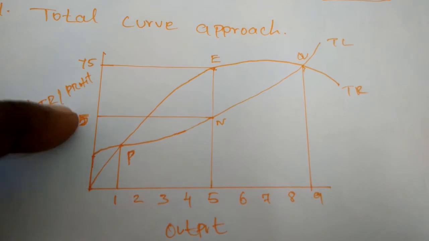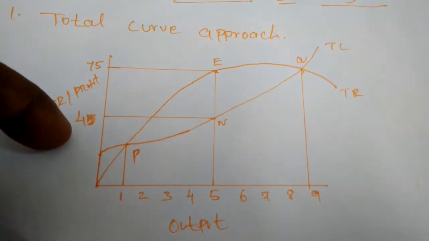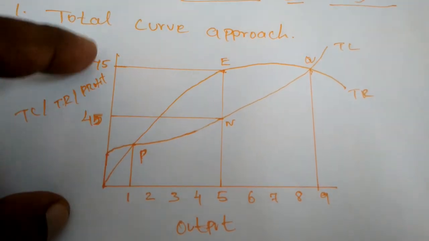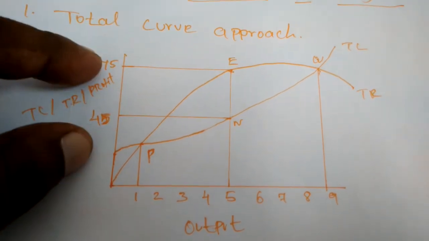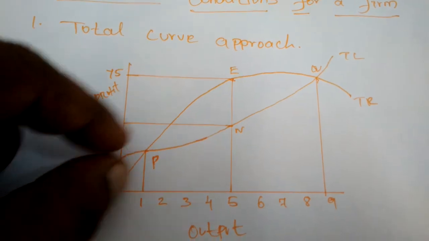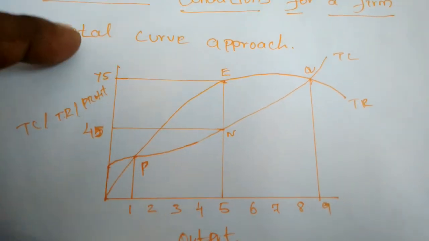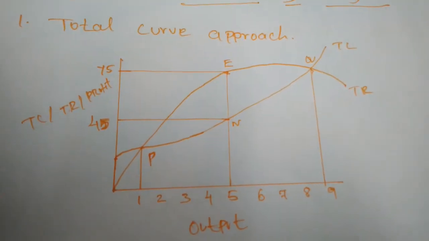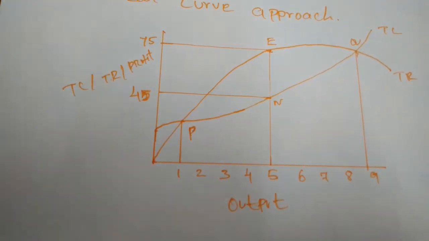The total cost is just 45 only, but the total revenue is 75. So the gap from 45 to 75 increases from point N to point E. The gap between N and E of the TC and TR is considered the equilibrium condition, or the maximum profit level.